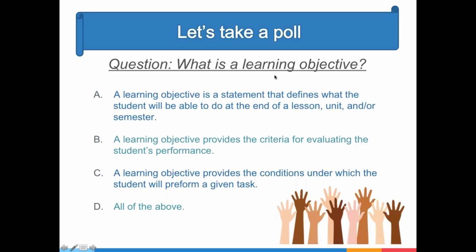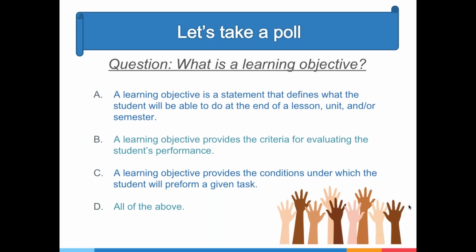So I want to make sure that we all understand what a learning objective actually is. So you will see that there is a series of 4 answers to this poll. The first one is a learning objective is a statement that defines what the student will be able to do at the end of the lesson, unit, and/or semester.